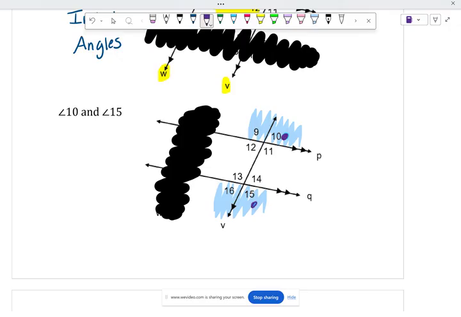Here's 10, here's 15. So angle 10 and angle 15 are same side exterior angles. Or we have to know the other name. They're also called consecutive exterior angles.